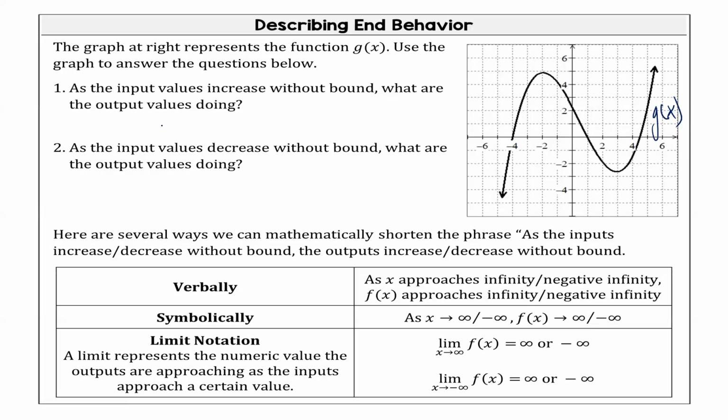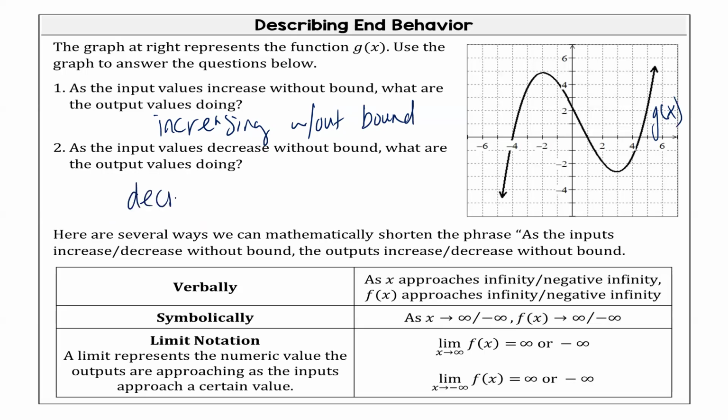As the input values increase without bound, what are the output values doing? Increasing without bound. Good job. As the input values decrease without bound, what are the output values doing? Perfect.